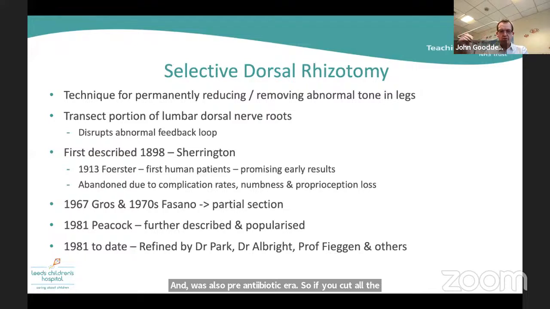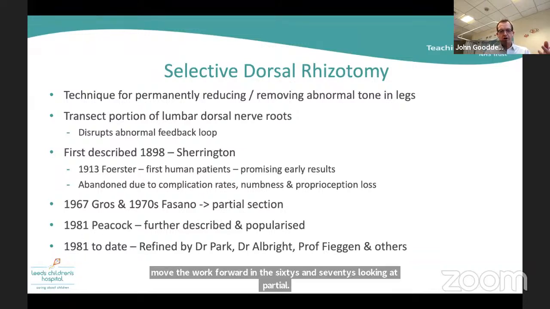That's why my colleagues have described cutting no more than 75%: we're trying to avoid the loss of proprioception, which is critical if we're trying to help kids stand and move and improve their function. Gross and Fasano helped move the work forward in the 60s and 70s, looking at partial section.